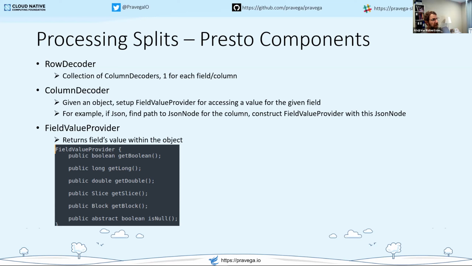So if you have a JSON and a field within the schema like address/street, it's going to set up a field provider that knows how to go into your JSON object and get the value when asked for it. And then at that point, Presto can get the value, right? Presto knows what the type is and will come and say, okay, for this given field, get me a Boolean or get me a long, right? And we'll convert it and give it back to you. Next.